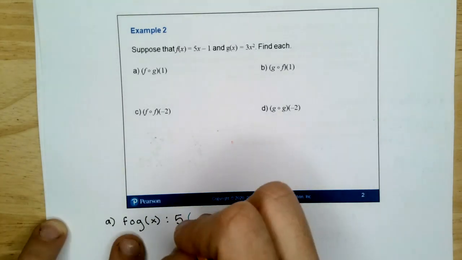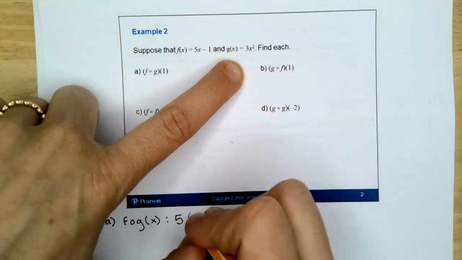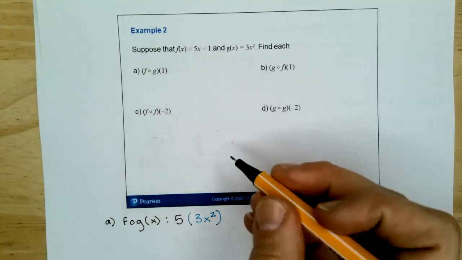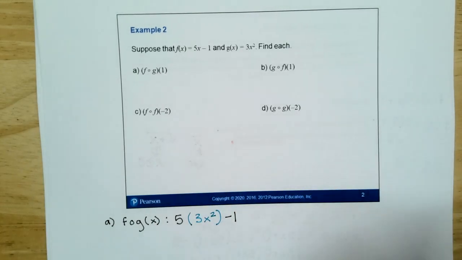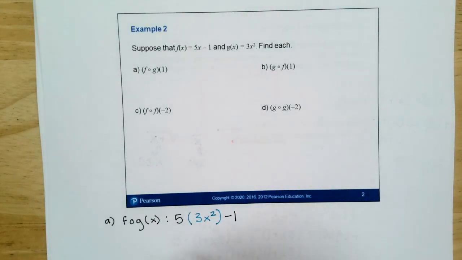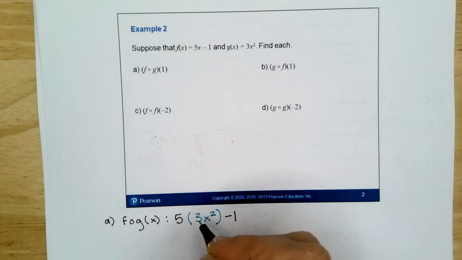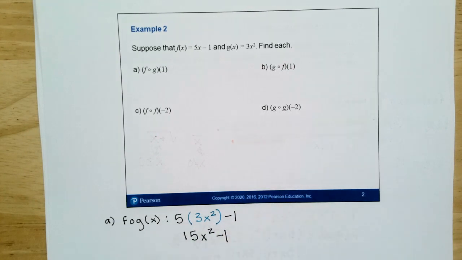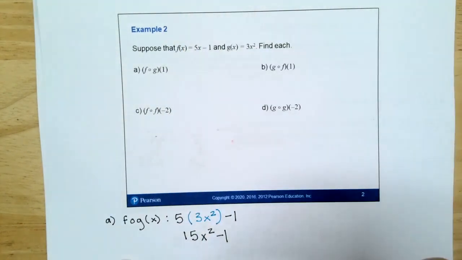I'm substituting in g of x. 3x squared minus 1. Good? Distribute that 5. 5 times 3 is a 15. X squared minus 1. Now, take that 15x squared minus 1 and substitute in the 1.